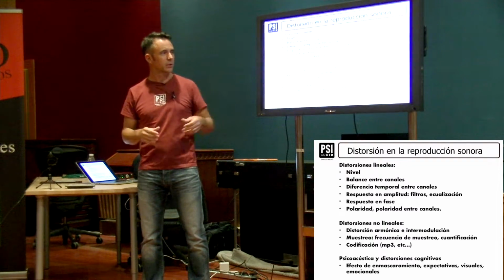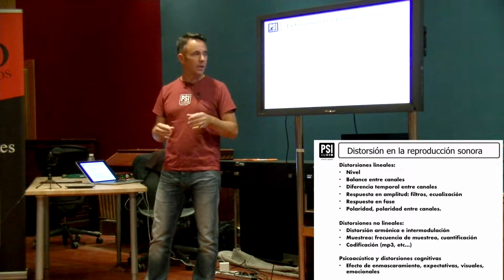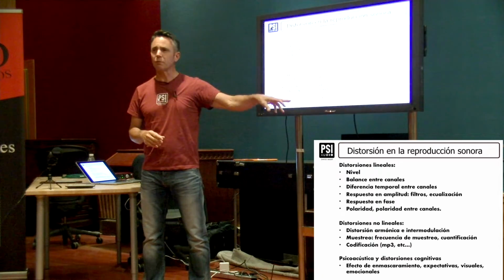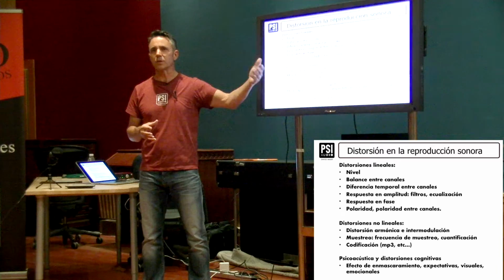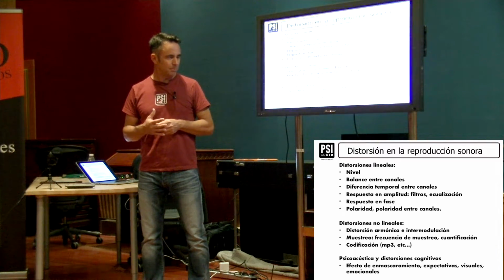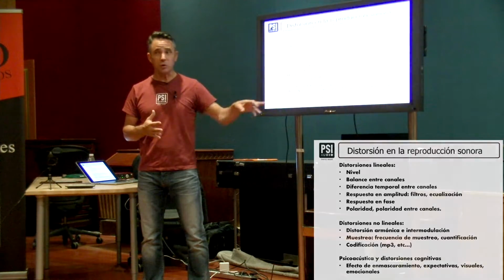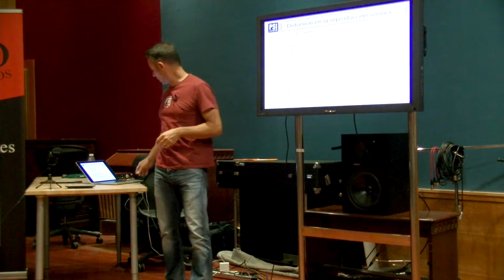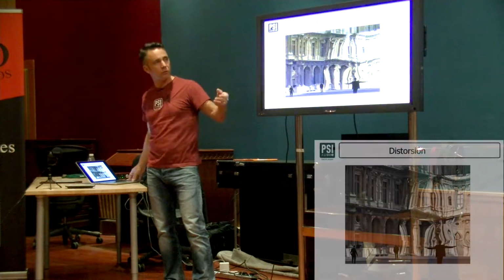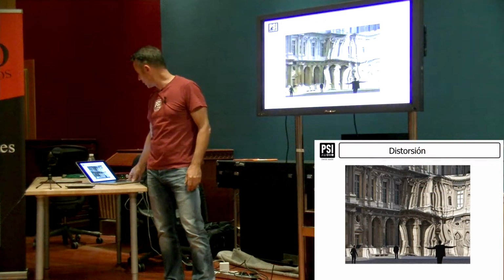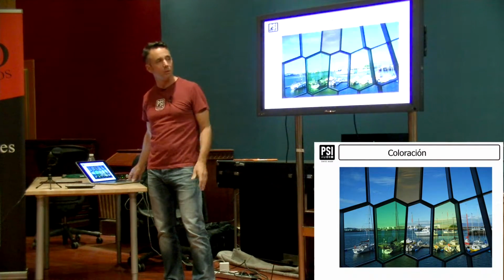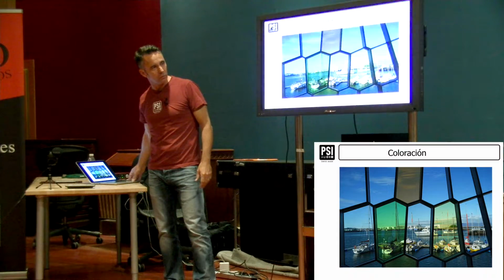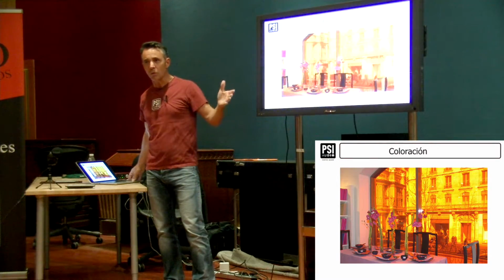And then there are non-linear distortions that will change certain elements of it. There are a lot of quite useful tools and illustrations of different types of distortions that you can find on the internet. So it's interesting to go through. Just a way of illustrating a distortion is something like this, spatial distortion. You can have coloration that can affect certain points of your sound or affect more all of it.